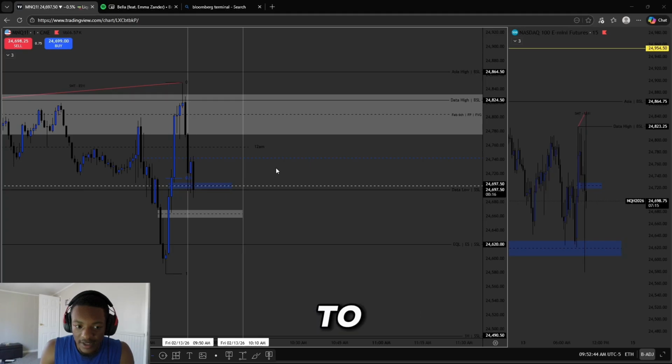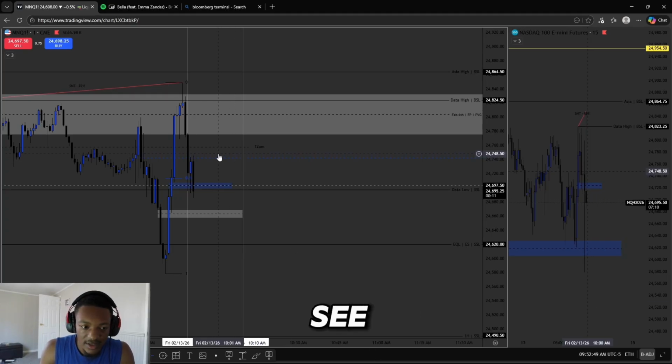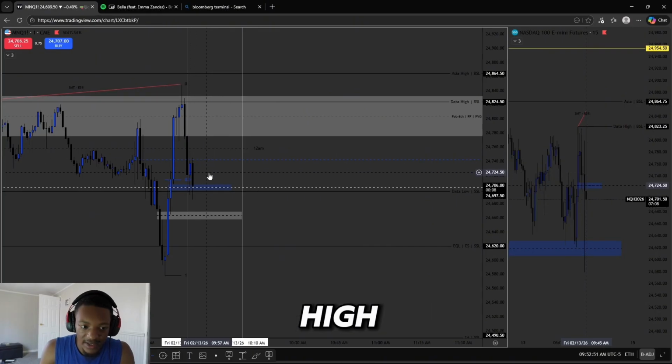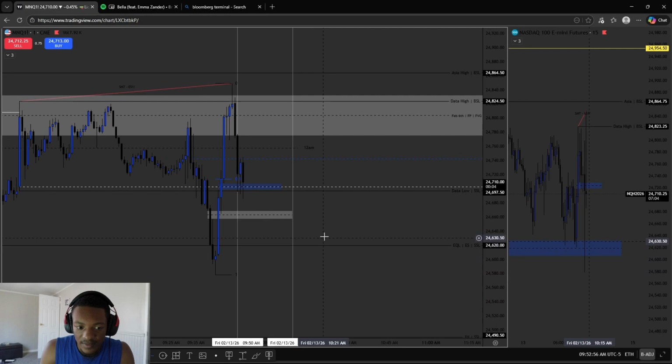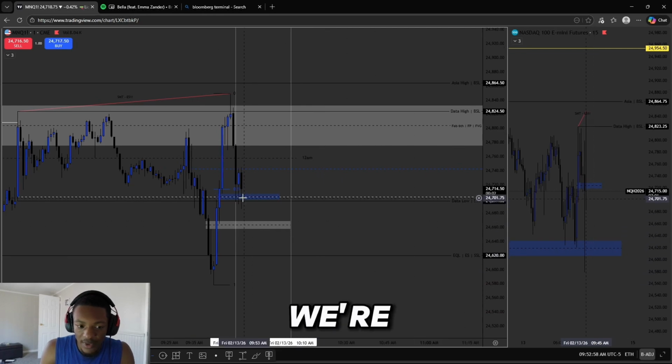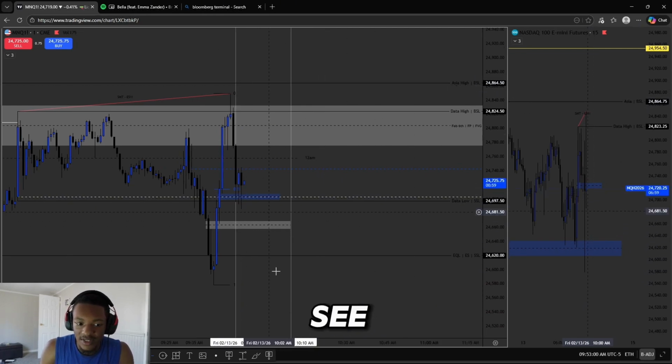I'm looking to see if we're going to get above 745s, so basically above this candle's high. I am on the 5-second chart. Right now we're respecting that, so I could 100% see this right here get taken out.